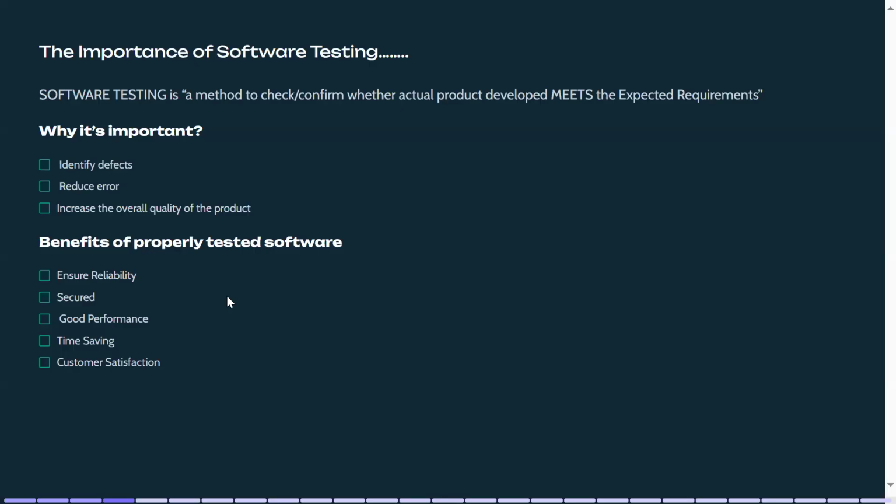A properly tested software product ensures reliability, security, and high performance, which results in time savings, good performance, good reliability, and customer satisfaction. These all are very important in software testing.